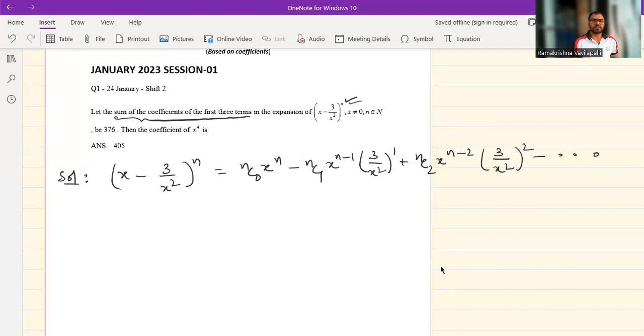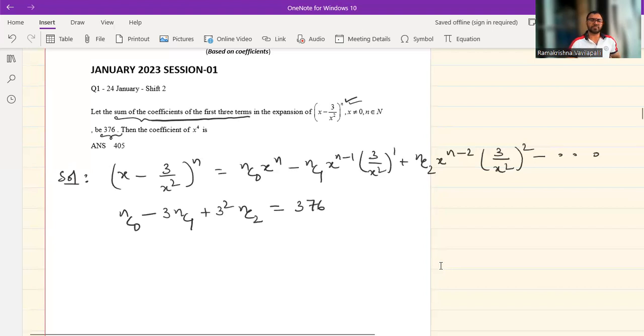Sum of coefficients of the first three terms means nC0 - 3 nC1 + 3^2 nC2 equal to, given as, 376.